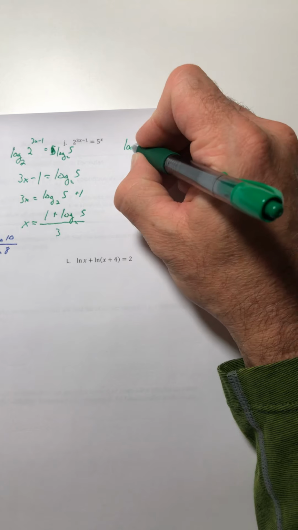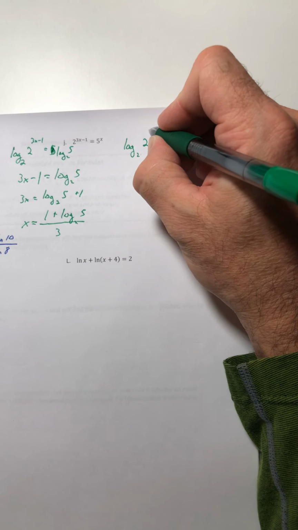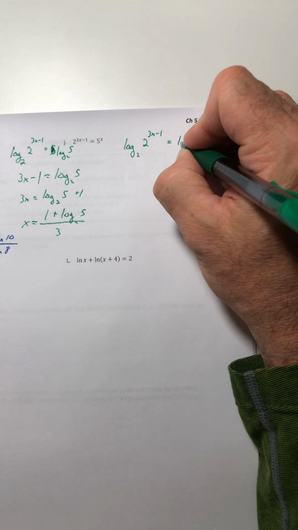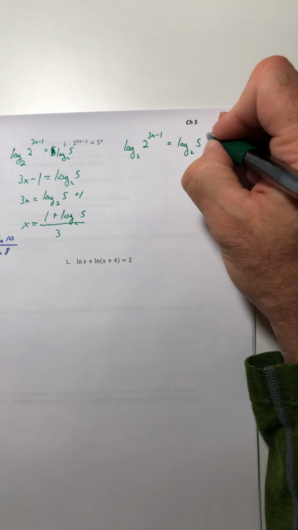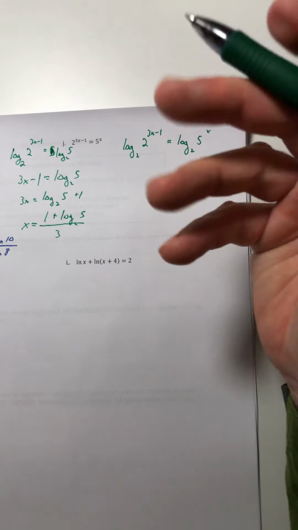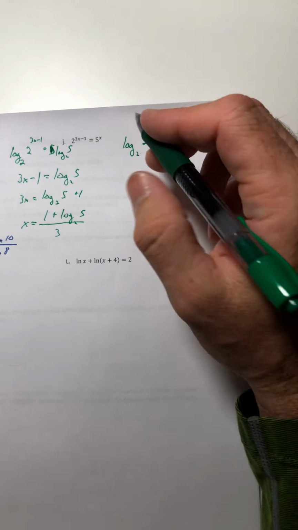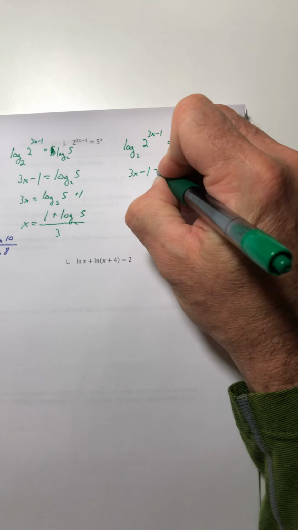So I'm going to go with log base 2 again. You could go with log base 5 if you wanted to get rid of the 5s. Either way you want to go, your answer will look different, but it's still equivalent. Okay, so the left side is now just 3x minus 1.